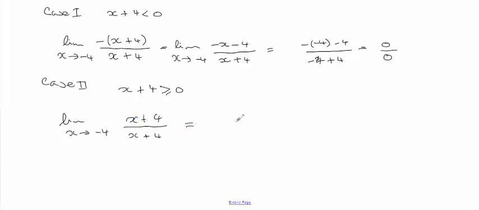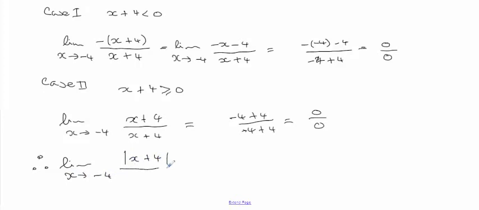And this again gives us minus 4 plus 4 over minus 4 plus 4, which is again an indeterminate form. So what you can conclude here is, therefore, the limit as x tends to minus 4 of the absolute value of x plus 4 over x plus 4 does not exist.